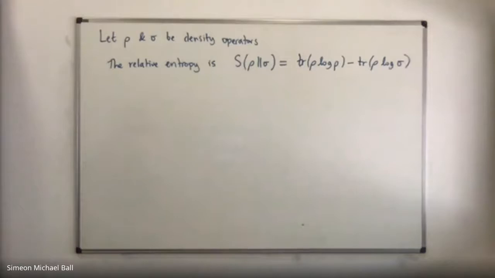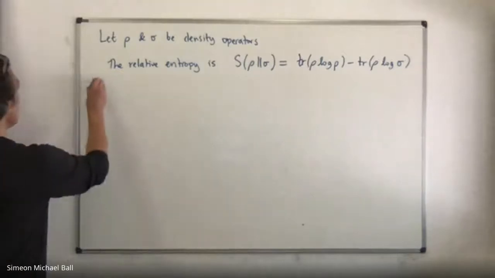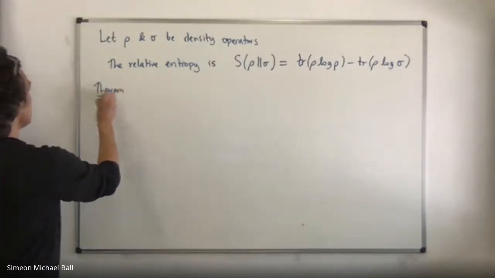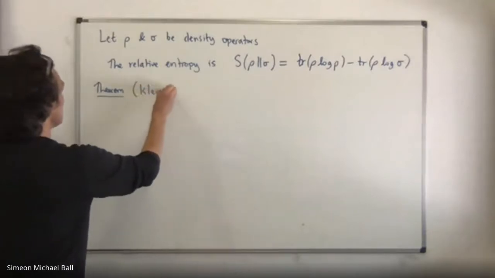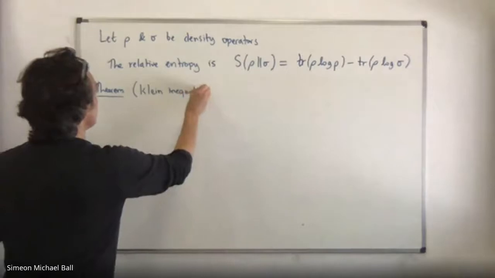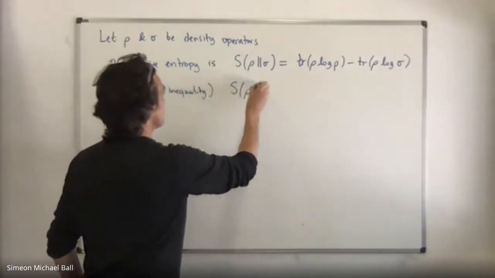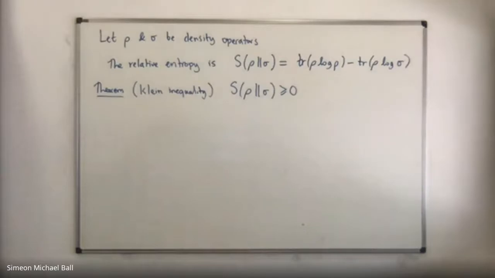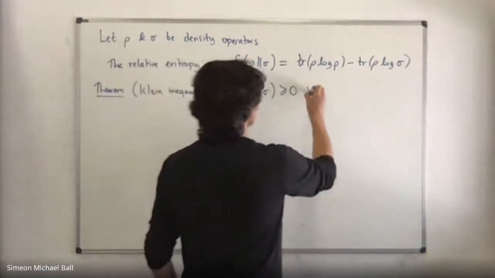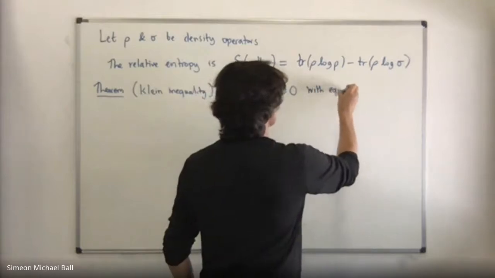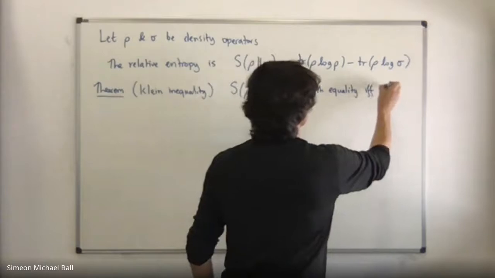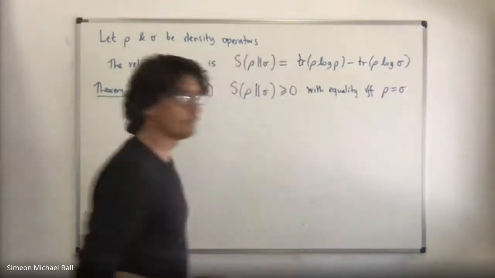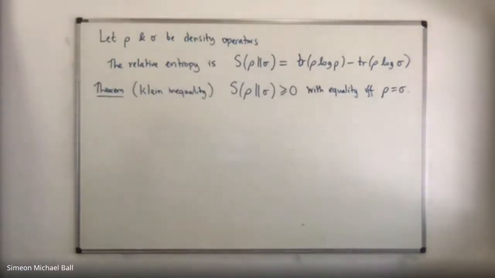And it's not quite as simple as simply combining the 2 probability distributions that we saw in the classical case. Okay, so this is known as the Klein inequality. And again, we've got the equality condition. So the equality. You can only get the same.